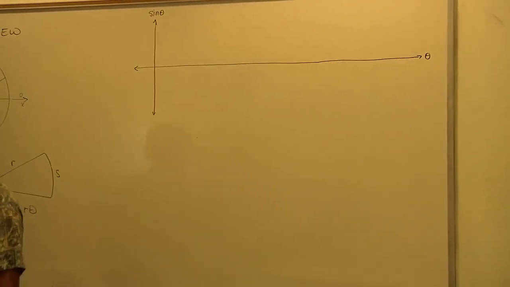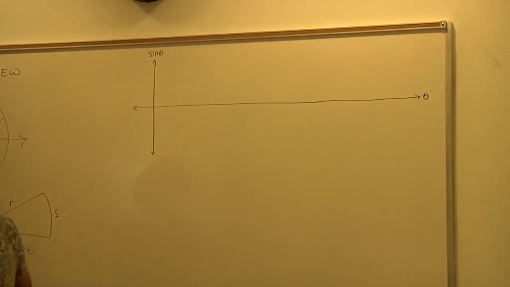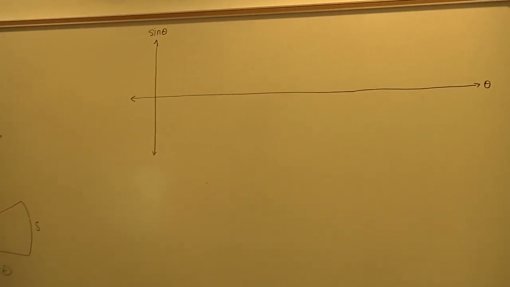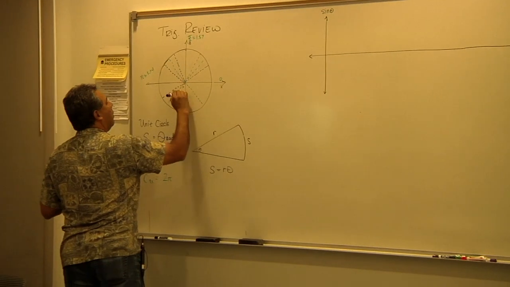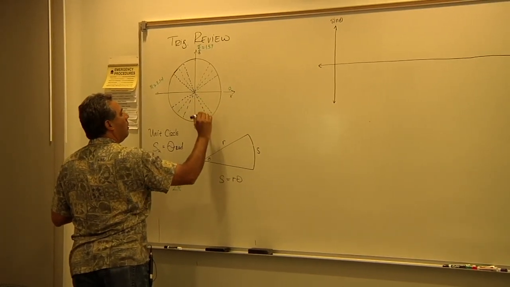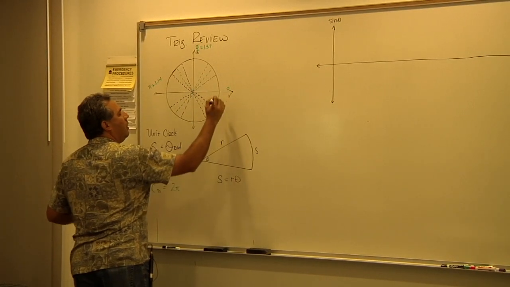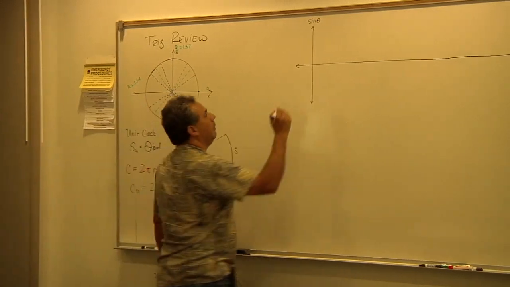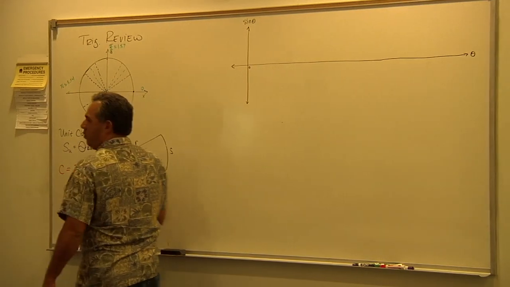And we're graphing sine. All right. Let me finish this thing here. Sorry. All right. So we're starting right here at this point, at 0. This is 0 radians. We're going to do everything in radians too.